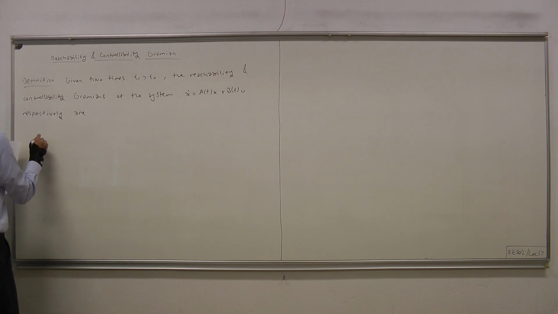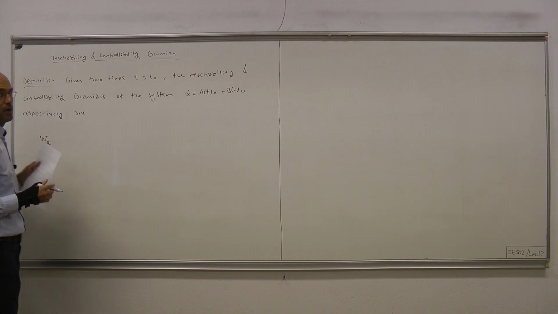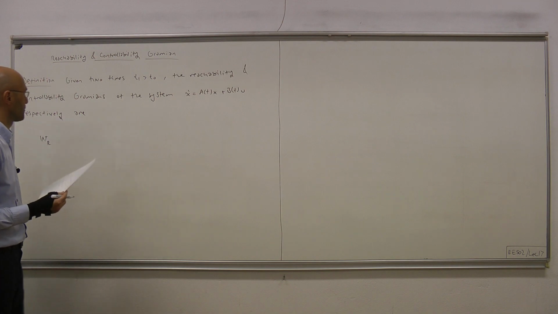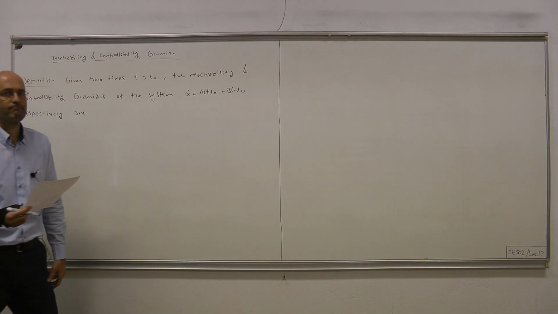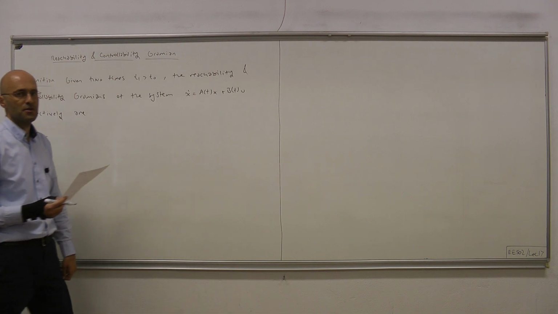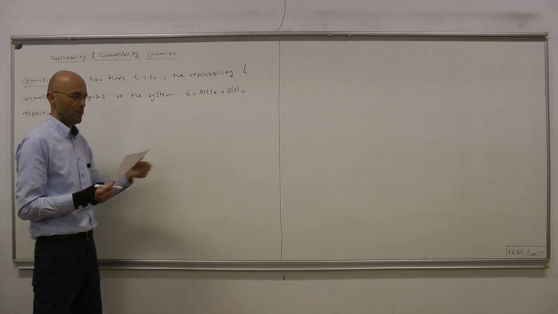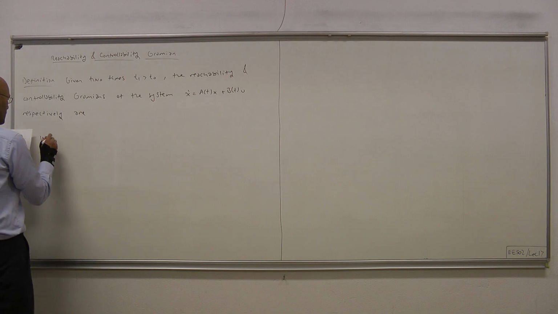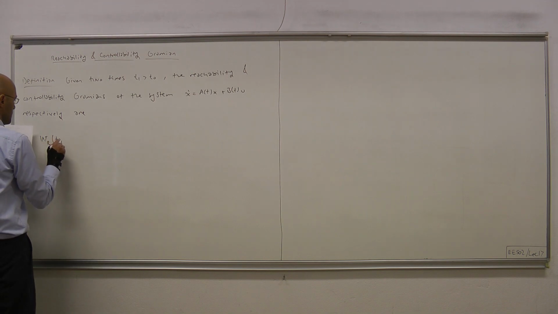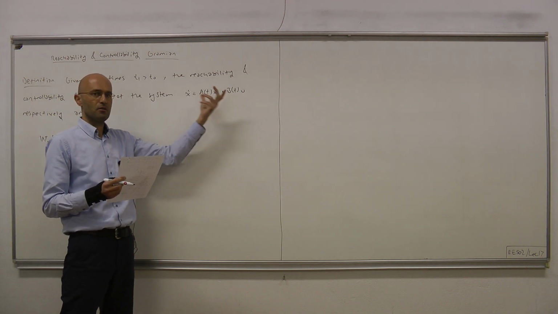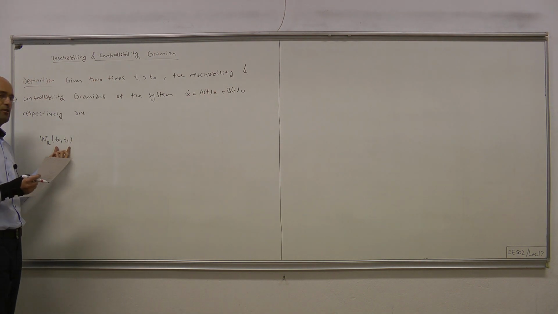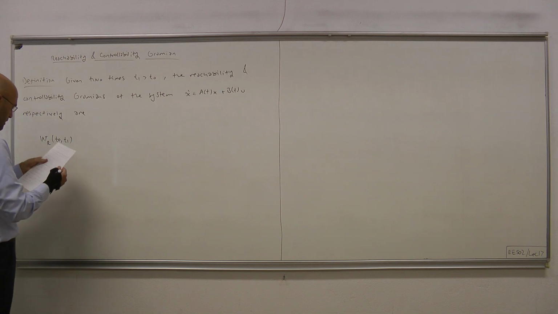Okay, so the reachability gradient, which is an n by n matrix, n being the dimension of our system, or the size of our state vector, is a function of the A and B matrices of the system, and also this interval from T0 to T1.